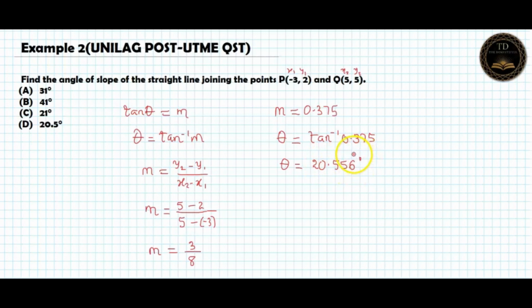Okay, so you can see what they tried to do here. These two values are very close, 21, and so it's not going to be this. So if they approximated it, then theta will be equal to the nearest whole number, that would be 21 degrees. Okay, so option C will be the correct answer.